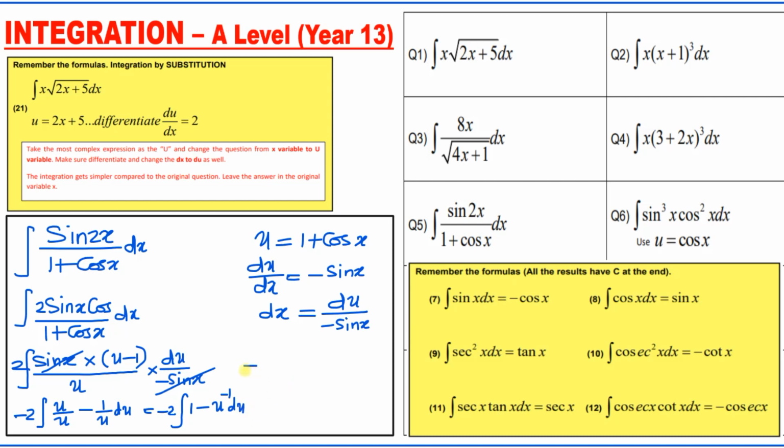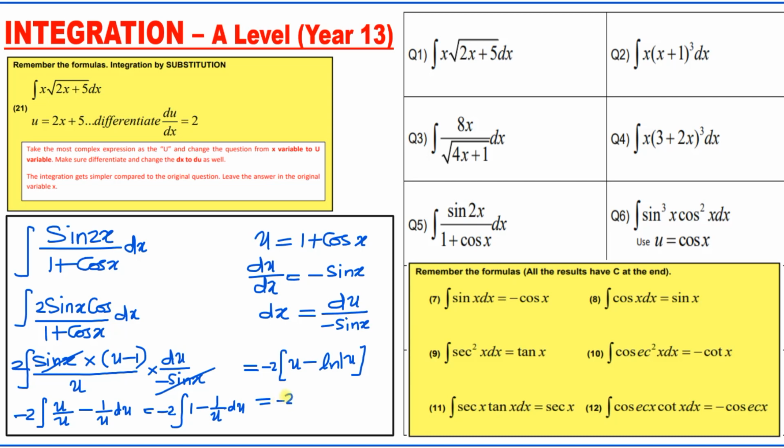Now the answer is getting easier. Minus 2 outside, the integration of 1 is just u, minus u to the power minus 1. You don't need to rewrite it, leave it as 1 over u, because we have a ready-made formula: ln u plus c. Now I make everything into x format.